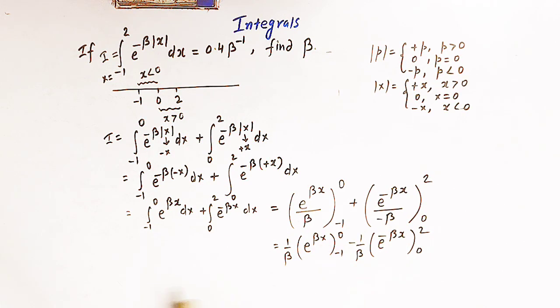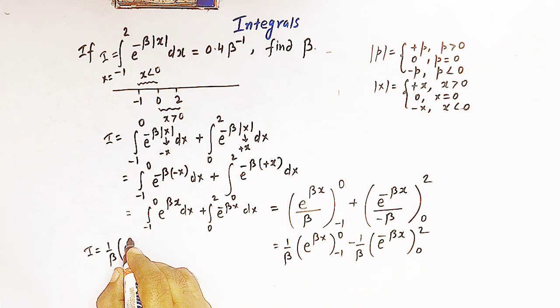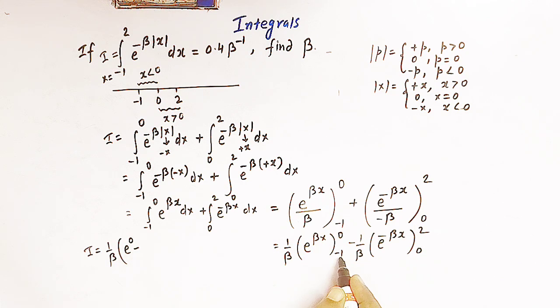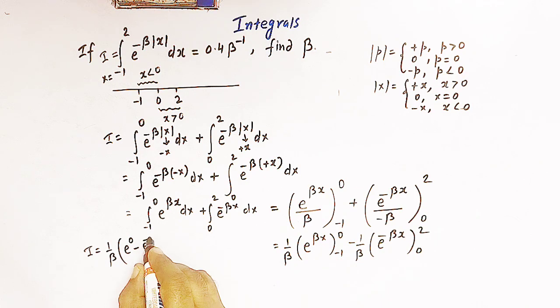Now substituting the limits and taking the difference: for x equal to 0 we have e raised to beta times 0, that is e raised to 0, and for x equal to minus 1 we have e raised to minus beta.